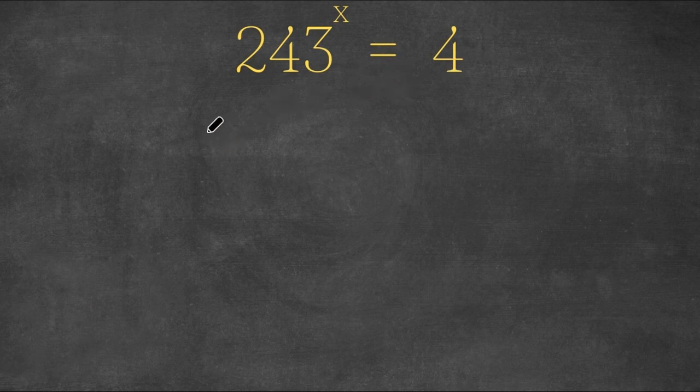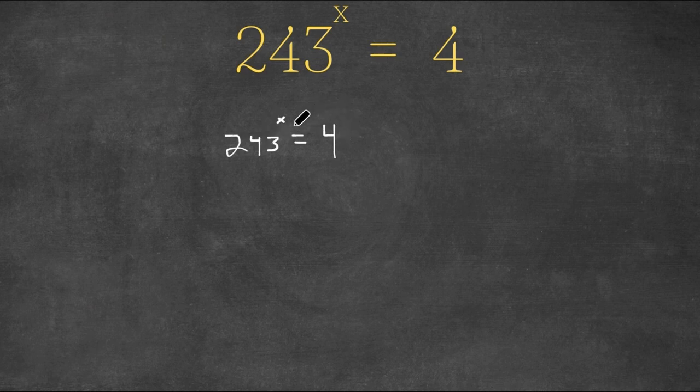So first, let me write this right here, 243 to the power of x equals 4. Our goal here is to make these two bases the same.